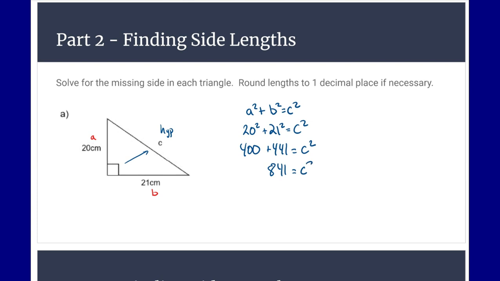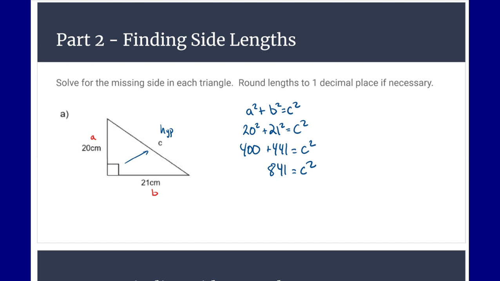841 equals C squared. And you might say, oh, well, I am done. That missing side length is 841. Now, looking at it, you might say, okay, this is pretty big. Based on the other two, this is pretty big. And you'd be correct. So there's one last step that we have to do.